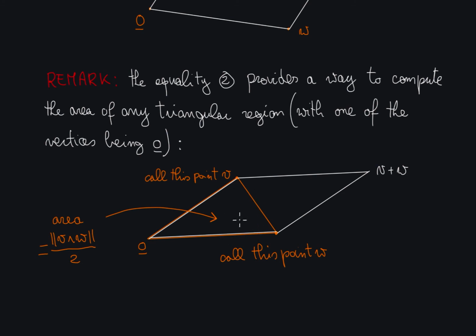And this allows us to compute the area of any flat region, let's say a region embedded in a plane in R3 and bounded by any polygon, because any polygonal region can be subdivided into triangular regions. And indeed, we don't even need the whole region to be contained in a plane. We just need that every triangle we are applying this formula to is flat.